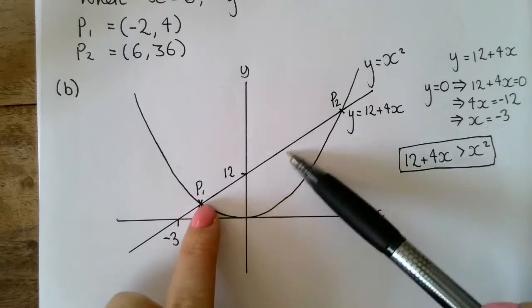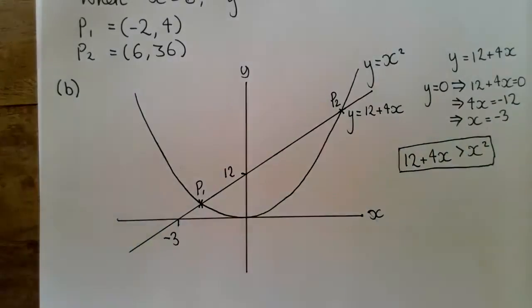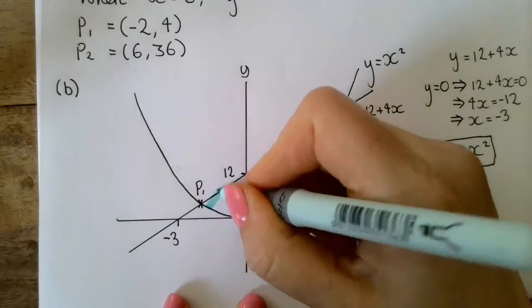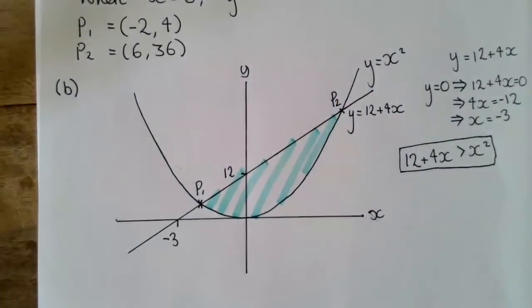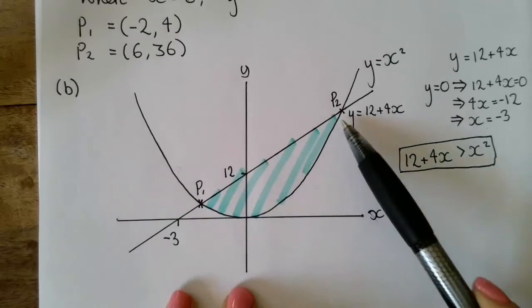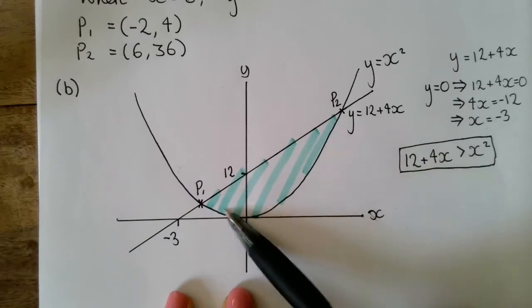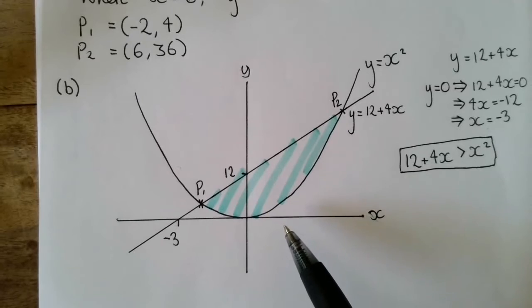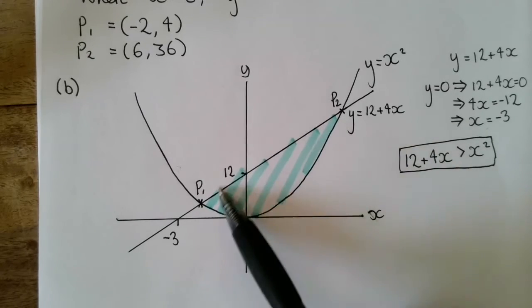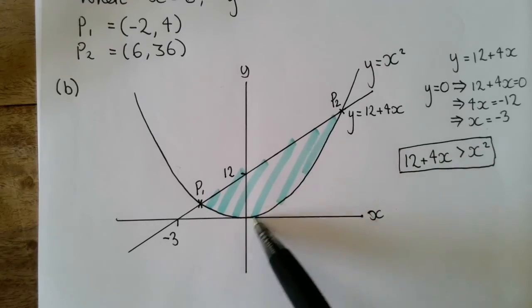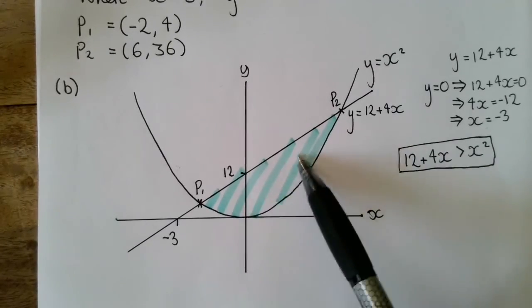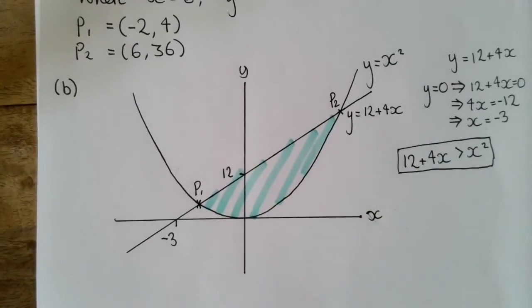However, when we get to this section here, we can see that the line 12 plus 4x is greater than the curve x squared. So we know that our answer is in this region here. So we need to write down when the x values satisfy this region here.